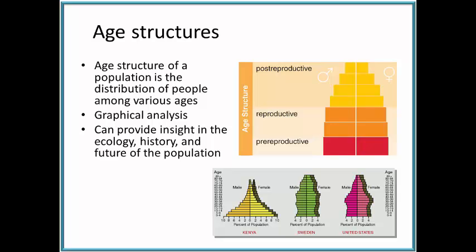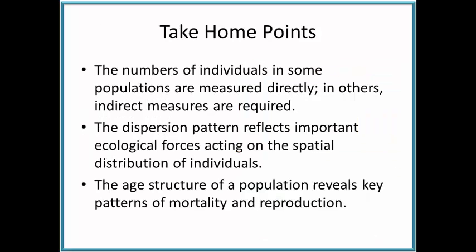It may not be at zero growth, but slowing down to a slower growth, and Sweden showing the shape where it's indented at the bottom a little bit, where there might even be a declining population. So again, these age structure diagrams are important because they can provide us with insights into what's happening in the population.